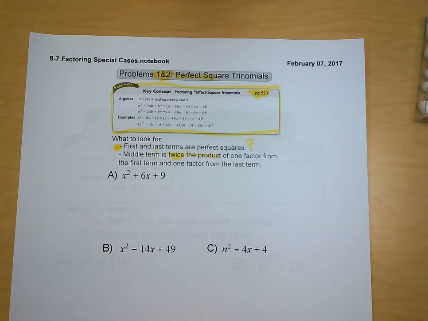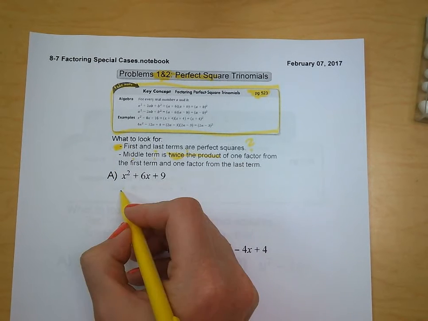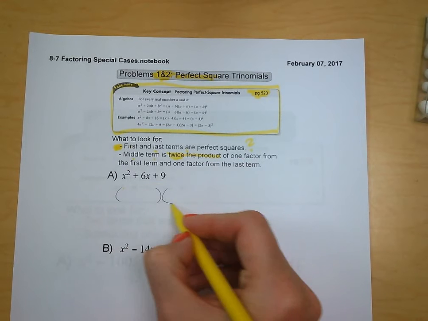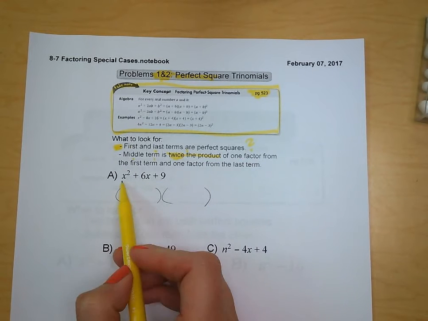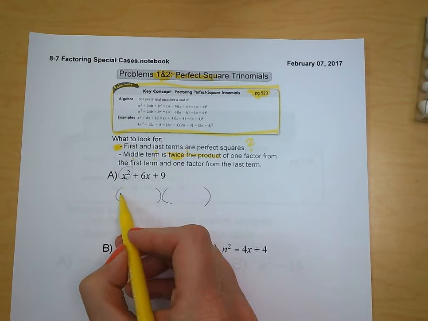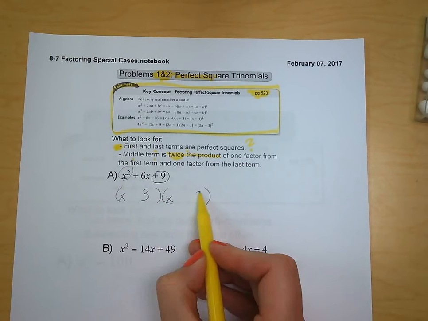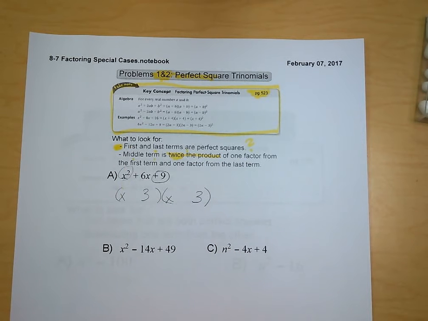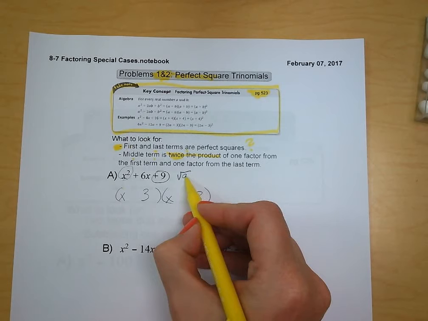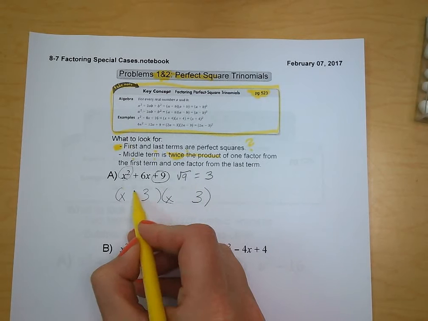Alright, so if we look at this, we've got x squared plus 6x plus 9. Is the first term a perfect square? Yes, it's x. Is our second term a perfect square? Yes, it's 9. So we take the square root of that and we've got 3's. And now they're both addition, so we just put a plus sign in there.